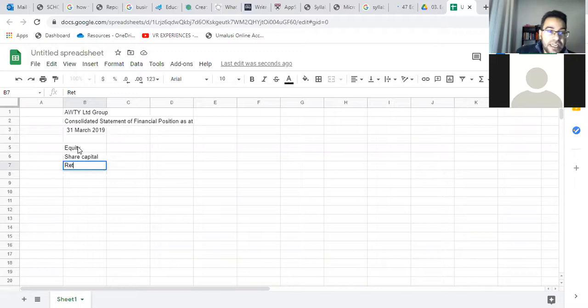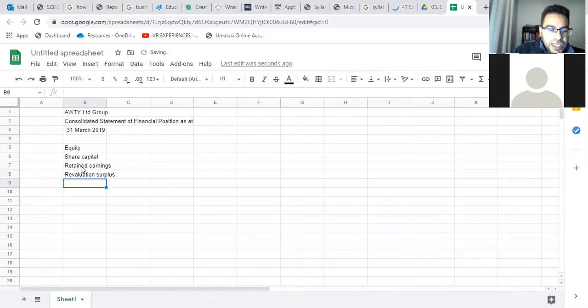All of it's not going to be relevant in this scenario, but I'm just going to include everything. So remember share capital, retained earnings. Share capital is share capital, retained earnings basically represents your profit or loss. Then we're going to have the OCI sections. The OCI sections we dealt with so far is revaluation surplus.